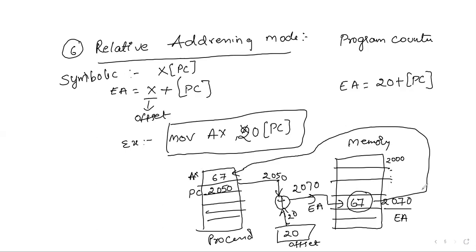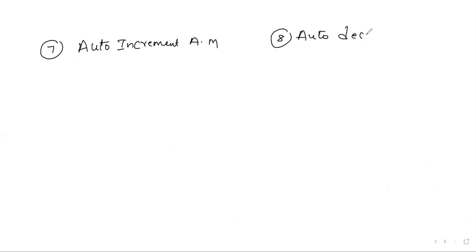The last types of addressing modes are the additional addressing modes. That means you have the auto increment addressing mode, and the eighth one is the auto decrement addressing mode.